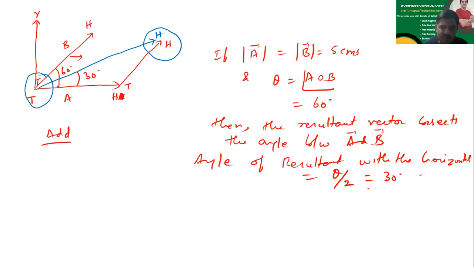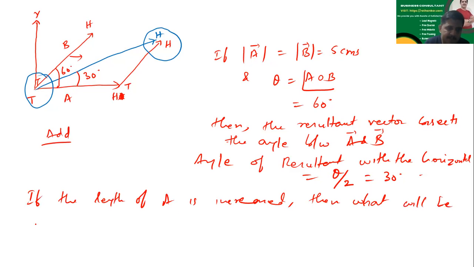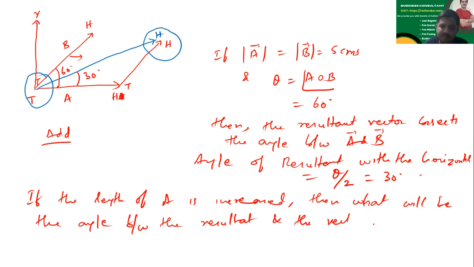Now the question is that I want to change one of these lengths. See, if the lengths are equal, this is correct. Now the question is, if the length of A is increased, then what will be the angle between the resultant and the vector A?